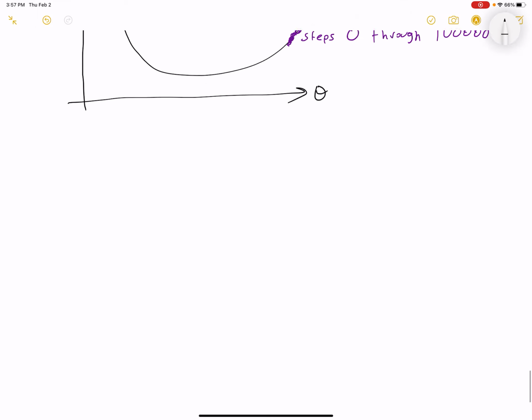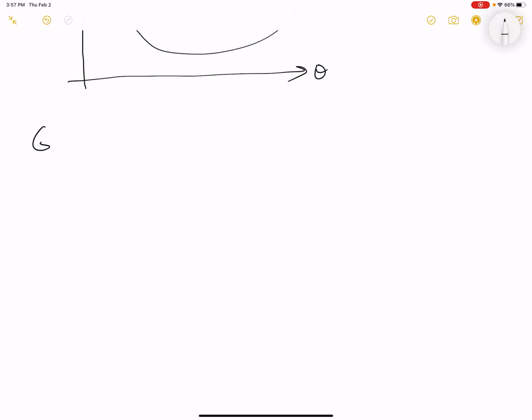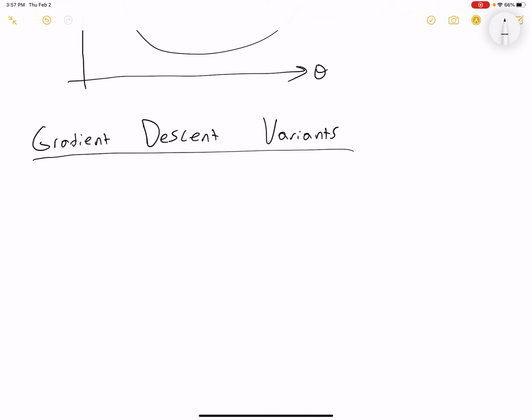So there are a few gradient descent variants with some trade-offs. The situation we just talked about, which looks at all of your training data together, people like to call batch gradient descent.